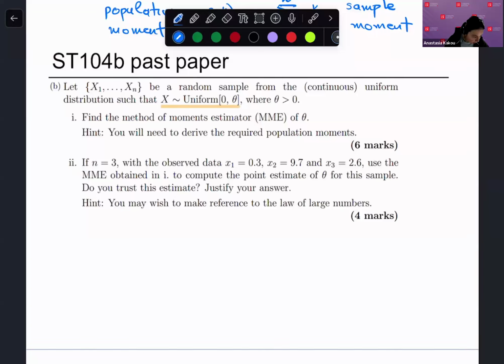So first of all, we need the distribution. That distribution of the uniform is 1 over theta, where x is between 0 and theta, and 0 otherwise.